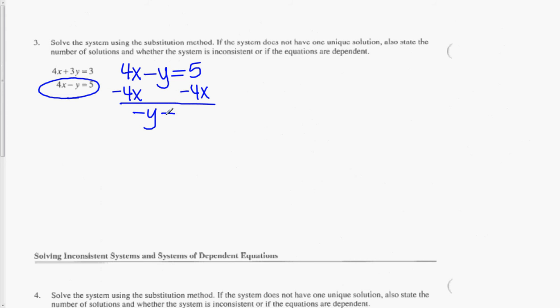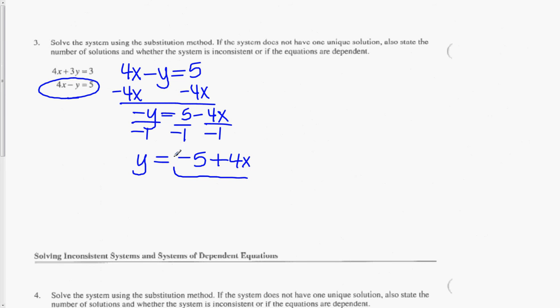So negative y equals 5 minus 4x. It doesn't matter if I've got it in descending order or not. But then everything has to get multiplied or divided by negative 1, because I don't want a negative y. So y equals negative 5 plus 4x when I divide everything by negative 1.